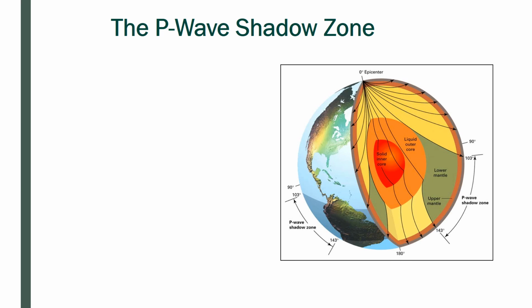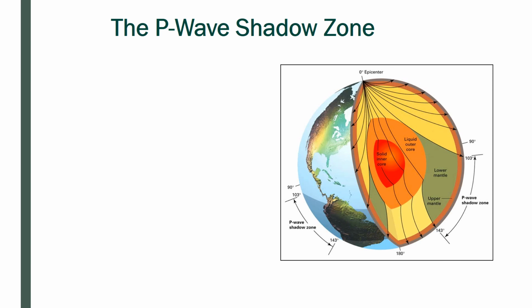But once they enter the liquid outer core, which is the orange area, they refract. They have higher speed. So they refract inside this area, and when they go out of this part they also refract again, because they are going from high speed to low speed media.